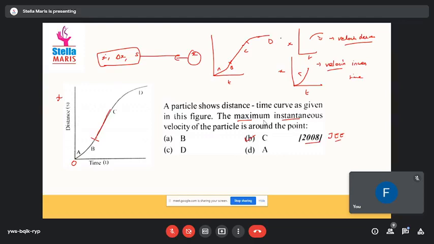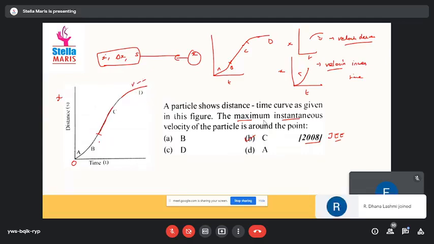So here the velocity starts to decrease with time. From rest it increases and attains a maximum velocity, then it moves with constant velocity till C. Here the velocity decreases.